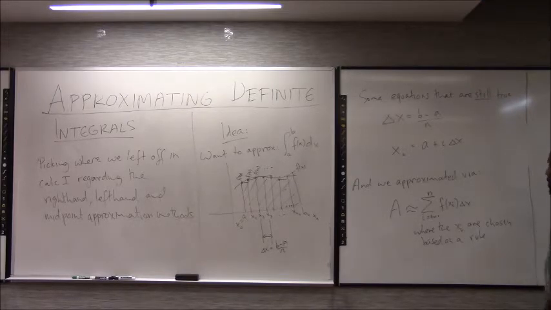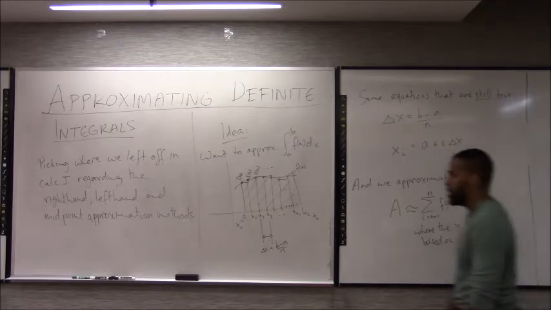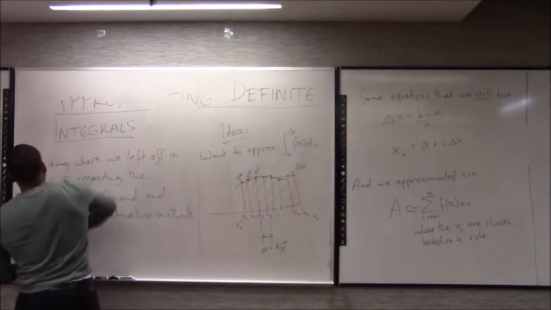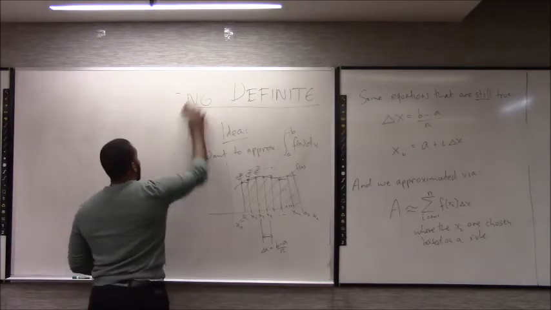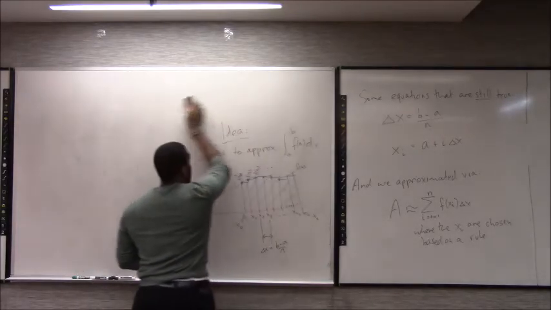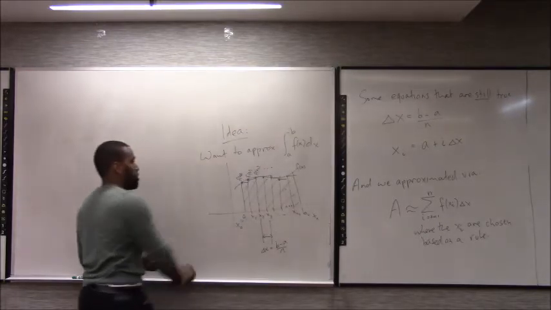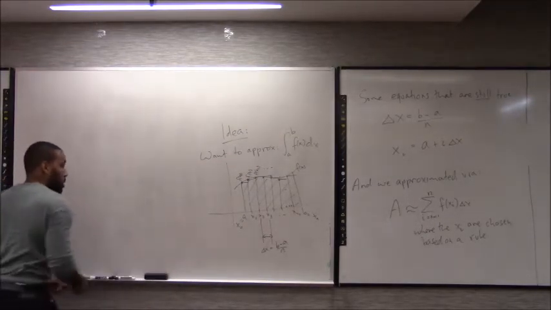So now we're going to talk about how good an approximation this kind of thing is, but we're also going to introduce two new methods that in some contexts will actually converge to a better approximation much faster than any of the rules that we've learned before.